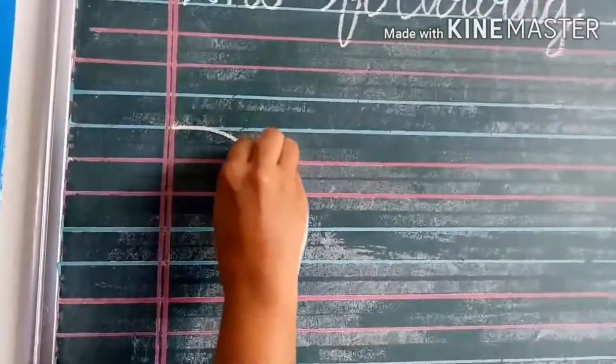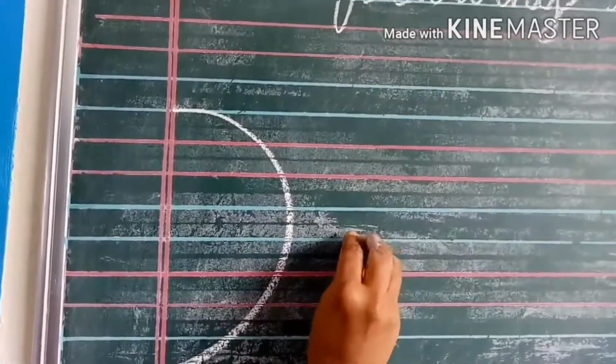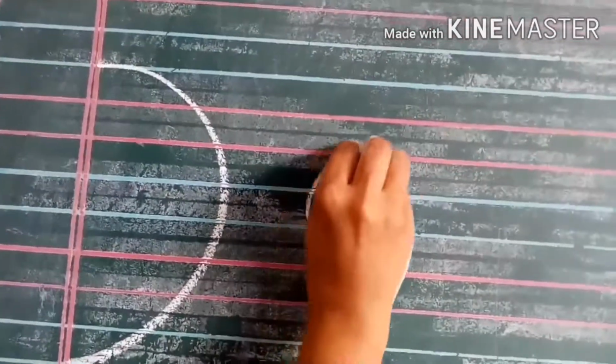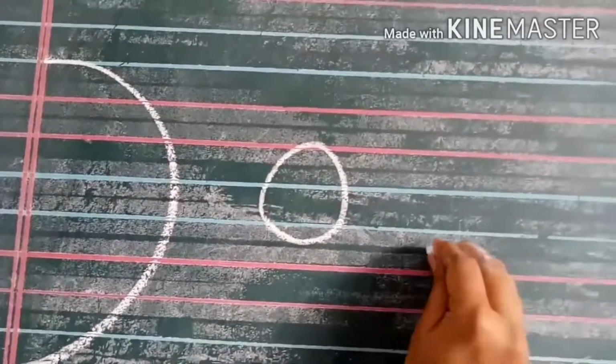First you have to draw a semicircle near to your margin. Next, you have to draw a very small circle.